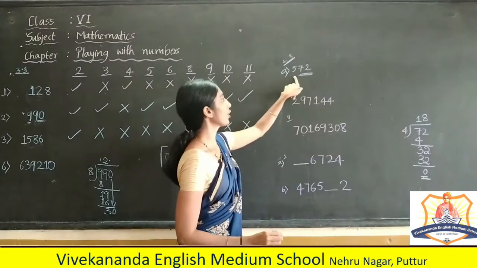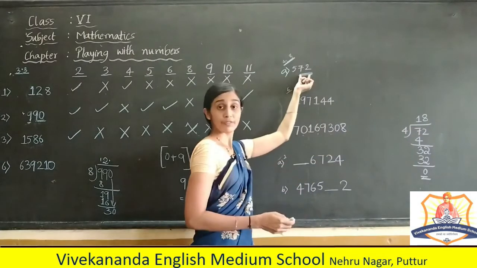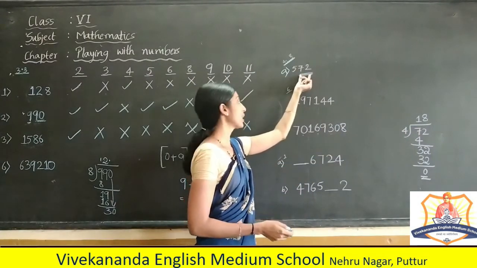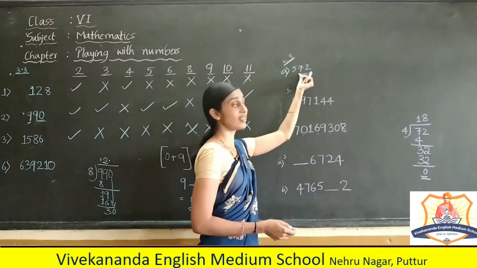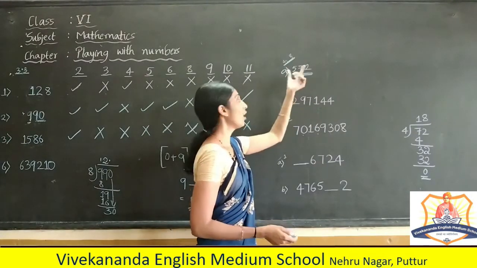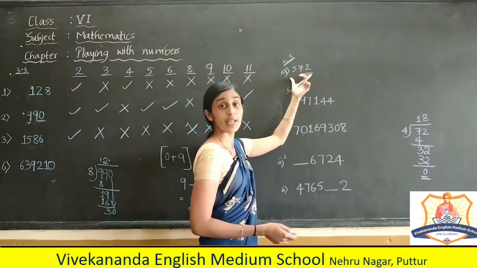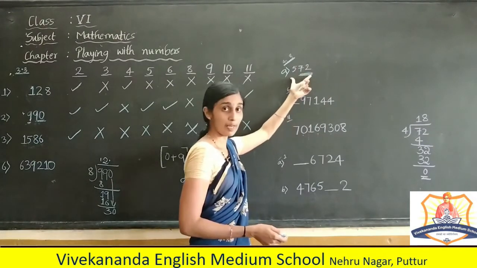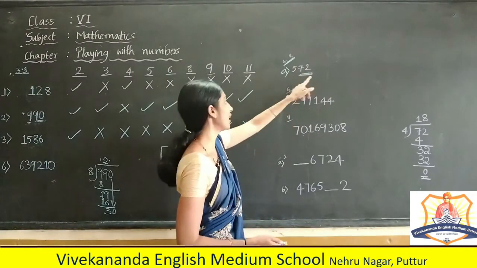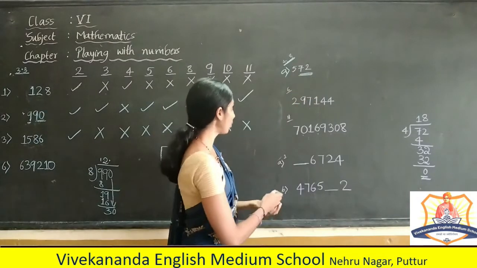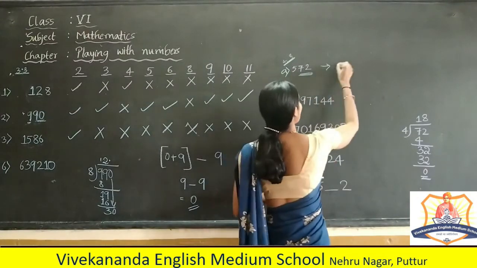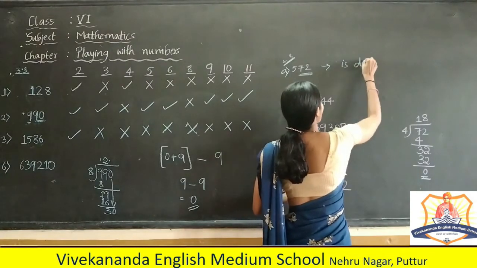So by this method you can say that if the digits in the tens place and units place together are divisible by 4, then the given number is divisible by 4. This one we have studied, right? So 572 is divisible by 4.